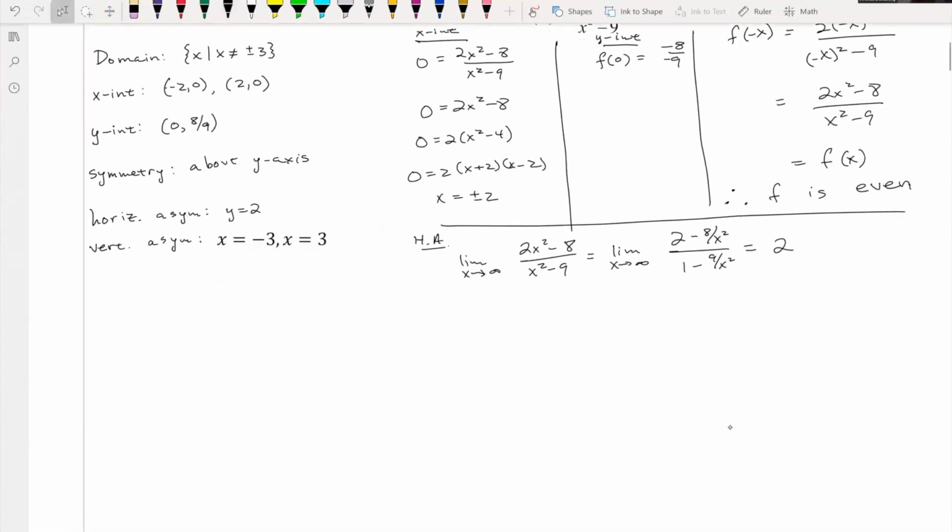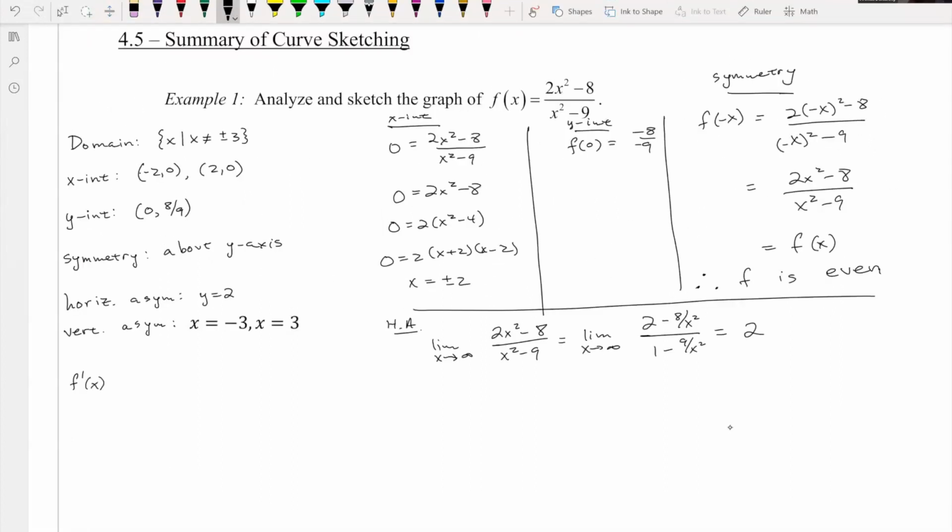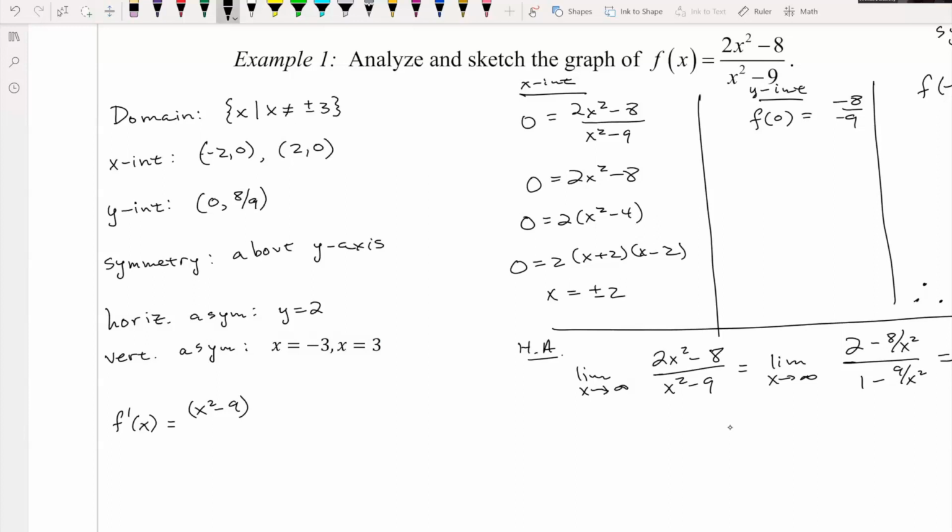So here we go. F prime of x, you're going to have to use the quotient rule: the bottom times the derivative of the top, which is 4x, minus the top times the derivative of the bottom, which is 2x, all over the bottom squared.